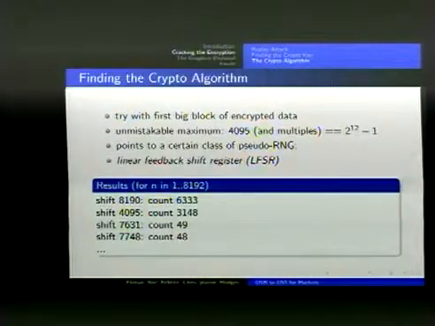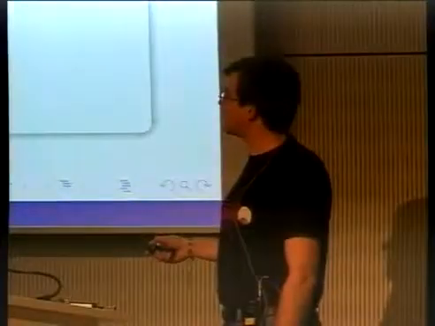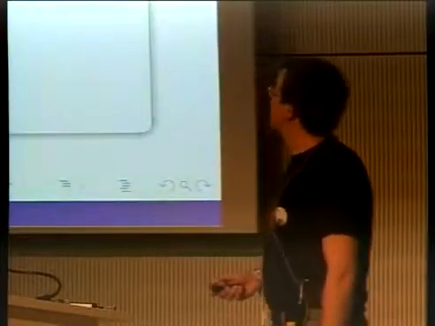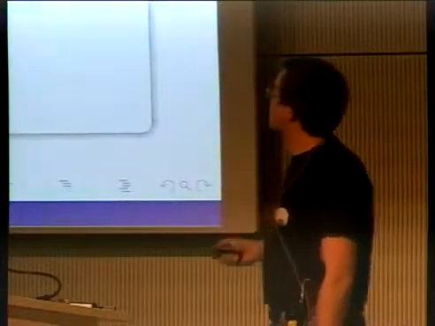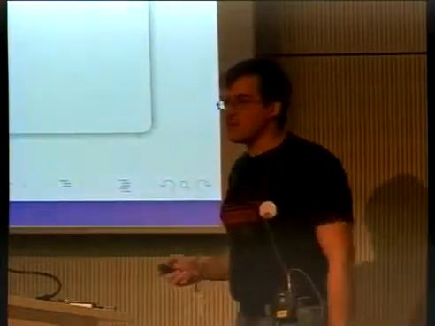So you can see them here. These are actually sorted by count. So it's pretty certain to say that the key length is 4095, because this is the maximum and all of the multiples of this. And this is, of course, 2 to the 12th power minus 1, as most of you might already have seen.